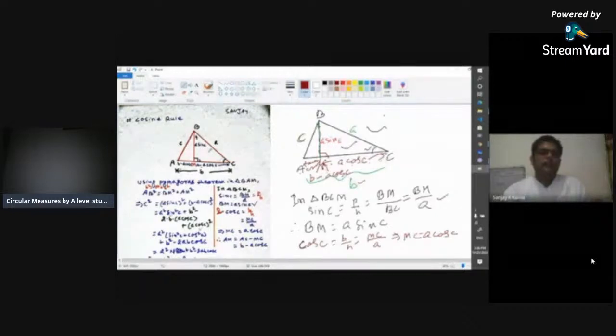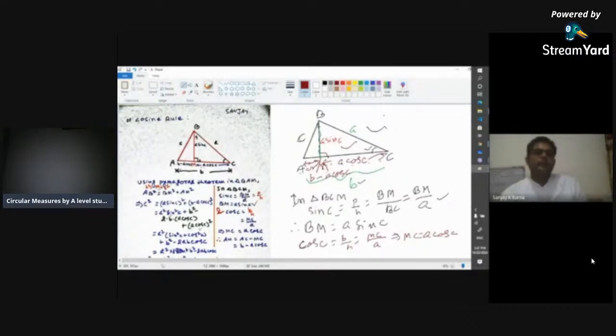Now you can take the part of the triangle BAM here, and apply the Pythagoras theorem. Then it is h square equals p square plus b square. In place of h, which is AB, you write AB square, and the perpendicular is BM, so you write BM square, and the base is AM, so we write AM square.